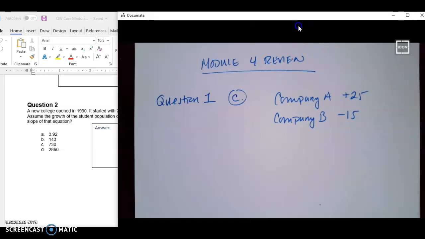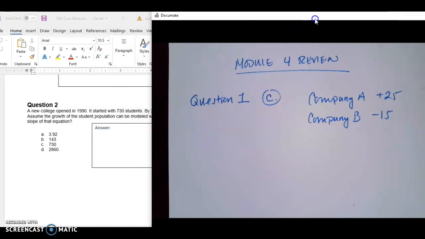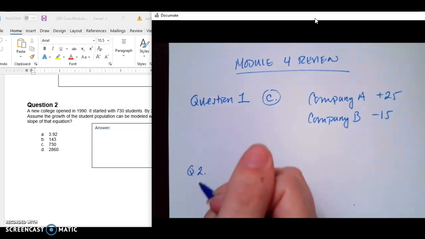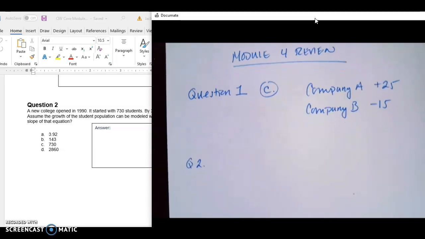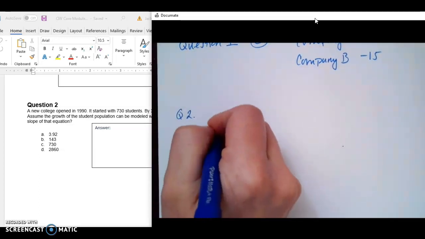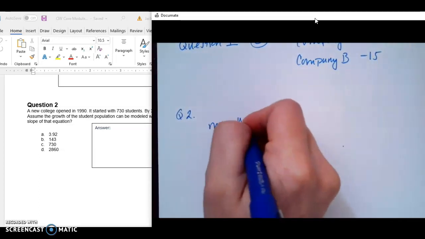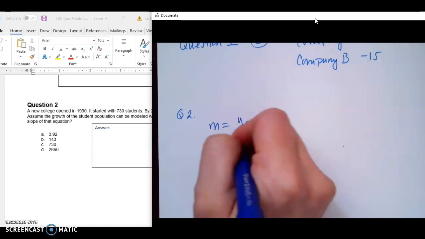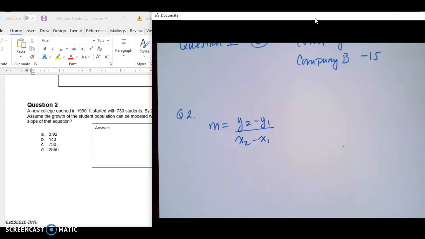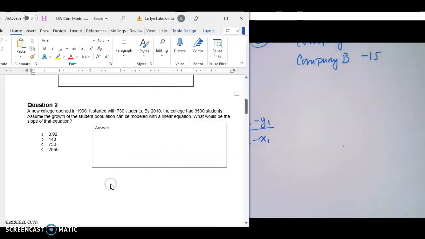All right, so here what you need to remember is how to calculate slope. There's a formula that you need to have memorized: m equals y2 minus y1 over x2 minus x1. This is for two ordered pairs. So the first thing we need to do is identify two ordered pairs from this situation.